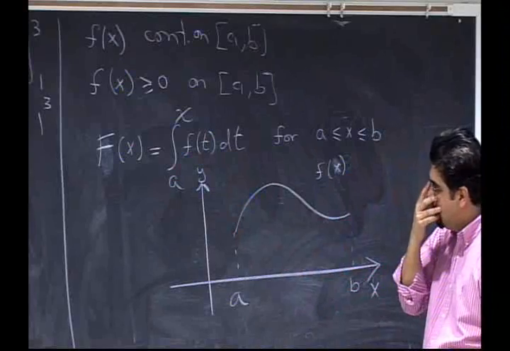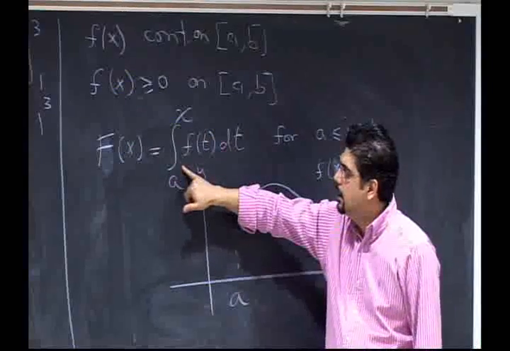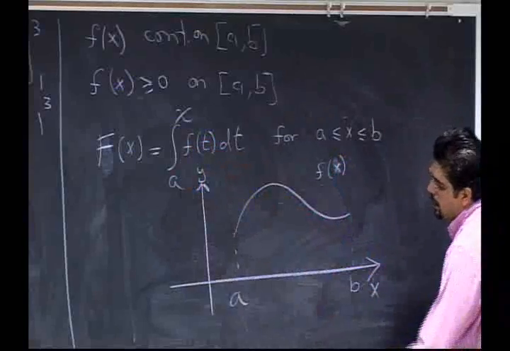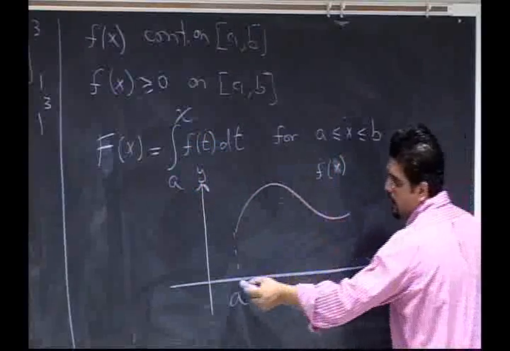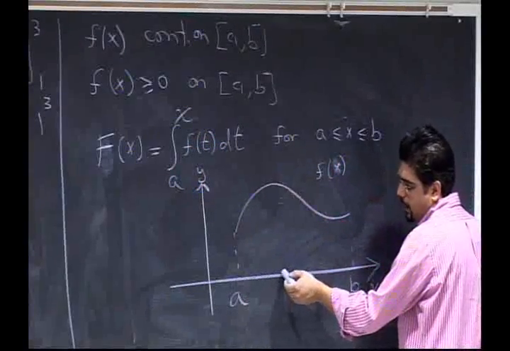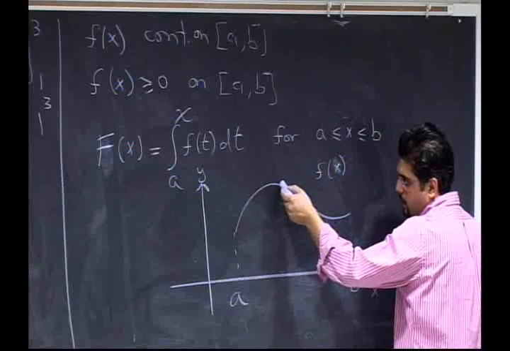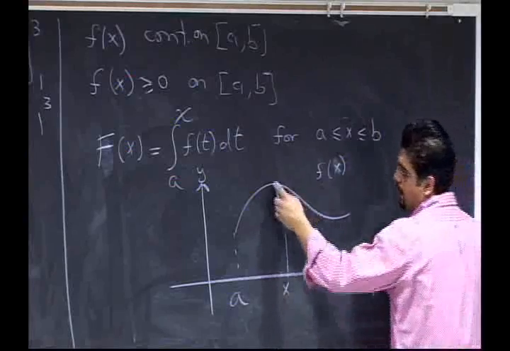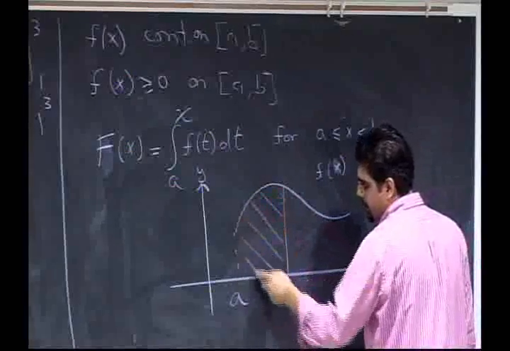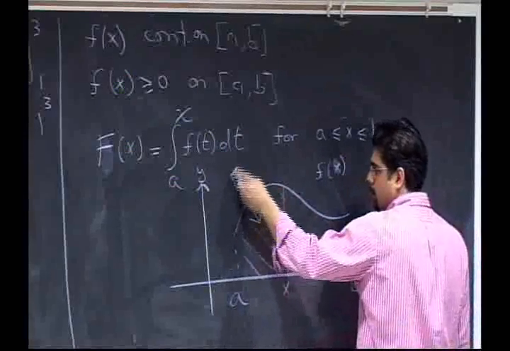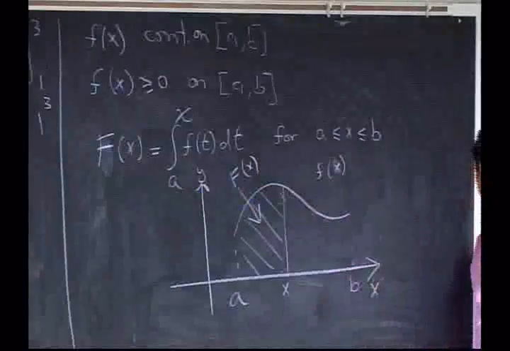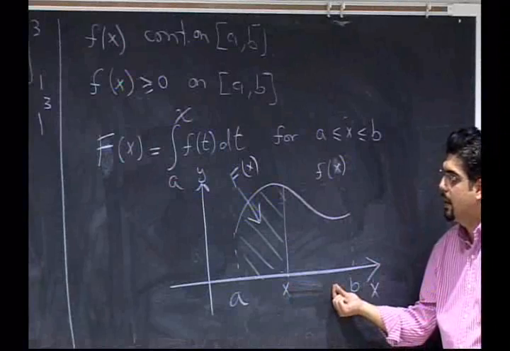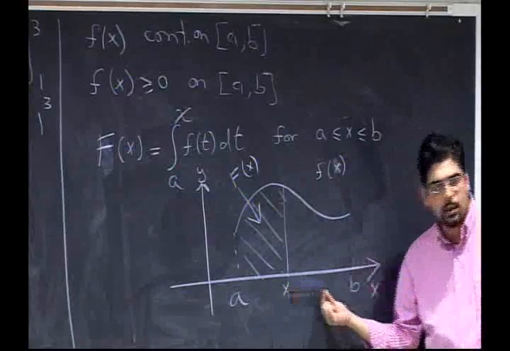In terms of area, the integral from a to x of f dt is basically the area under this curve from a to whatever x is, right? So if this is what x is, then capital F of x is just this area. Does that make sense? And as we move x further right, the area gets larger.